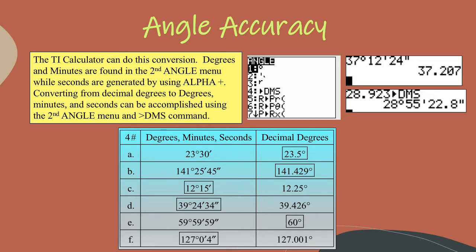So 12.25 degrees is the same as 12 degrees, 15 minutes. Notice that in E, 59 degrees, 59 minutes, 59 seconds isn't exactly 60 degrees, but to 3 decimal places, the answer is accurate.